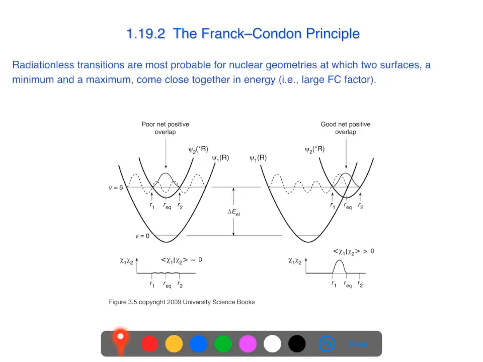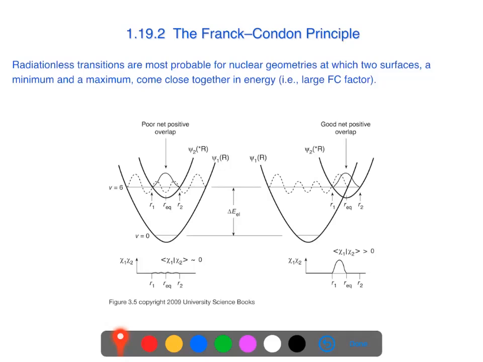Similar to radiative transitions, radiationless transitions are also most probable for nuclear geometries at which two surfaces, a minimum and a maximum, come close together in energy. For example, let's consider internal conversion between the S1 and the ground state S0.